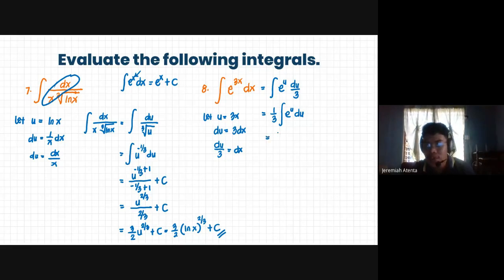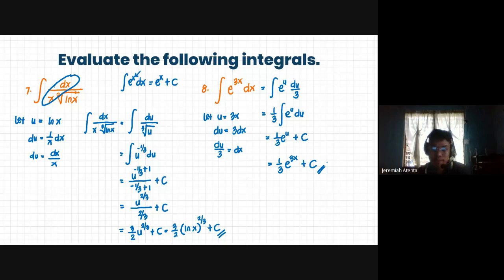So we will have 1/3 e raised to u plus c. Is this our final answer? Yes or no? No. We need to change u to 3x. So we have 1/3 e raised to 3x plus c. And this is now our final answer. Are we good? Do you have questions for this one?